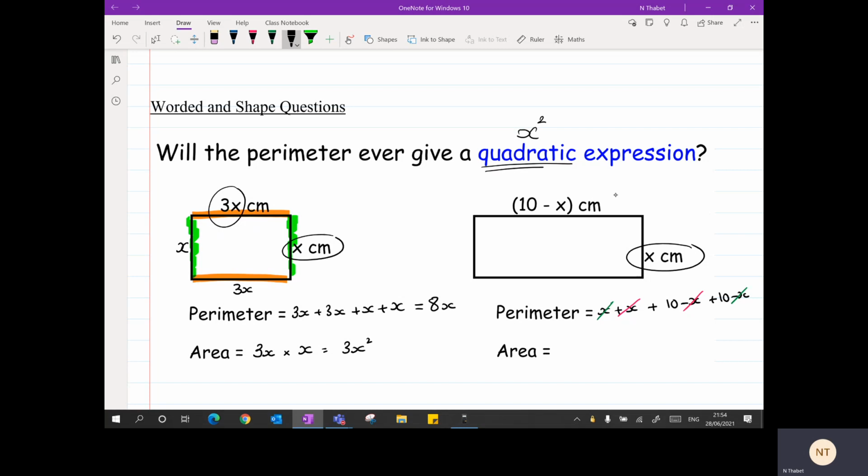And x times 10 minus x is written as such, the x at the front and then 10 minus x inside the bracket, and you multiply them out, 10 times x and x times x, 10x minus x squared. So you can see that when you find the area of a shape, that's where you get a quadratic expression.